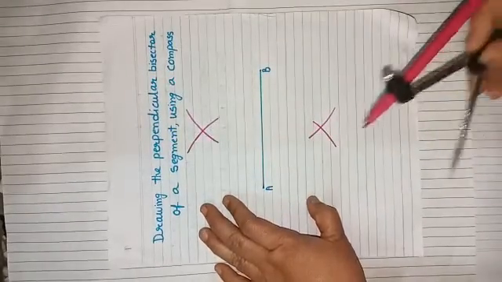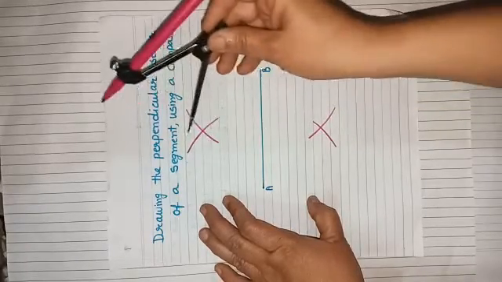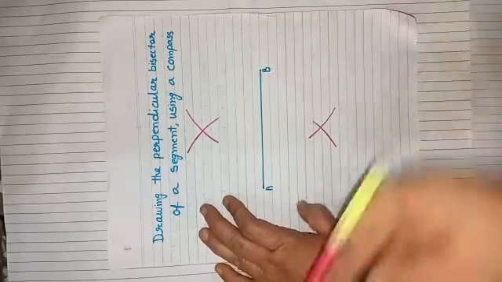So students, here we get two intersecting arcs, one above the line segment AB and one below the line segment AB.